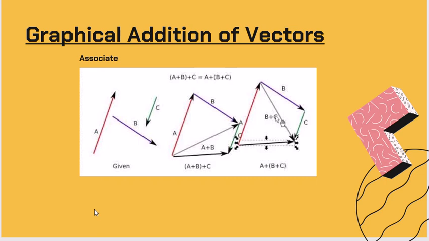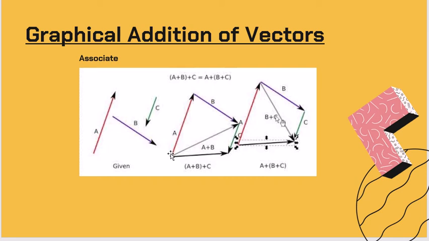Based on the given representation, if you will notice, vector A is going upward, and vector B is also inclined downward, and vector C also downward.